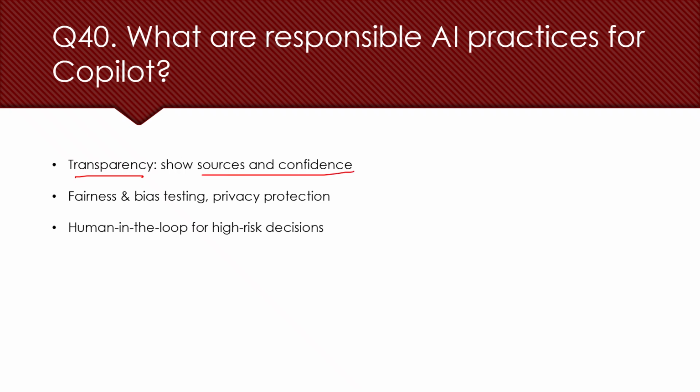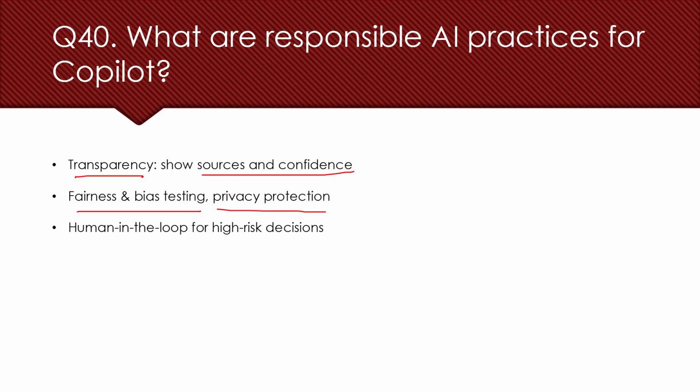Regularly test models for bias and performance, with fairness evaluation on representative data sets, right? Protect privacy by minimizing data passed to third-party models and by retaining only necessary logs. So bias testing needs to be done and privacy protection also needs to be checked.